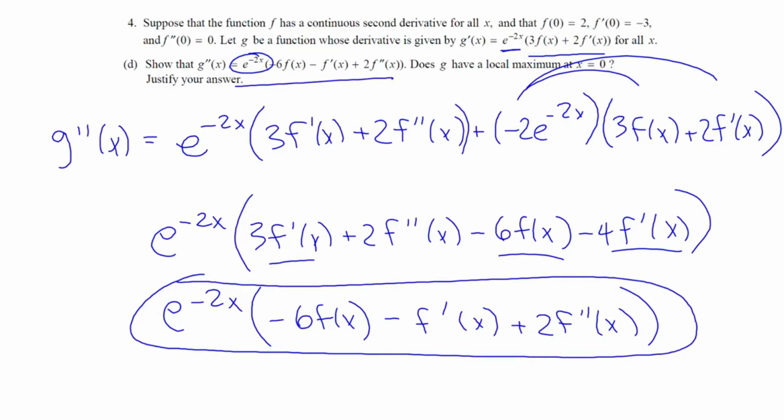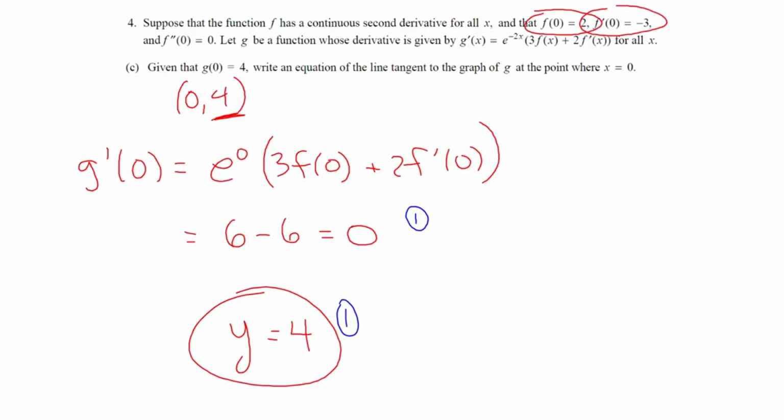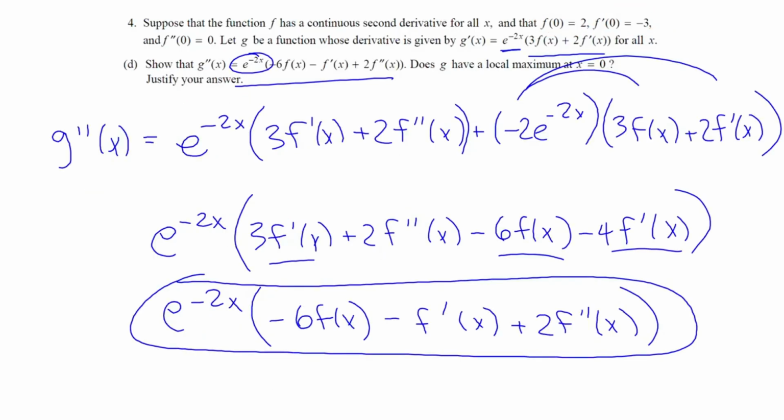And then it says, does g have a local maximum at x equals 0? Well, we know from part C that g prime of 0 does equal 0, so it possibly does. So we'll say g prime of 0 equals 0. And then we'll find g double prime of 0. Well, g double prime of 0, e to the 0 is just 1.